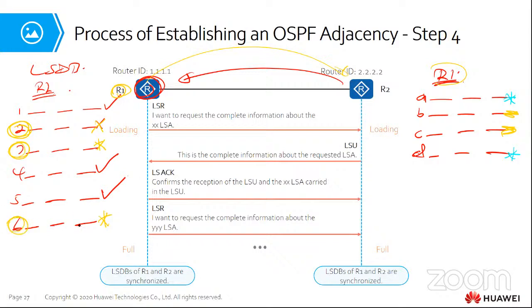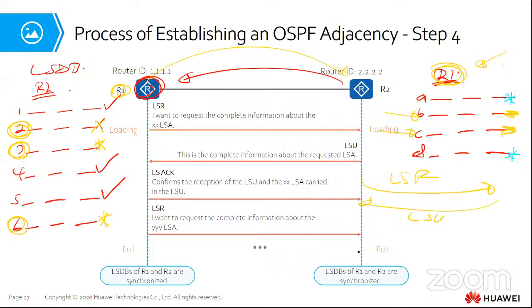It asks that through a link state request. Are we together? Yes. In the same way, router 2 will ask router 1 to send the details of the links it doesn't know about, through a link state request. So we shall send a link state request, and then the router will send back a link state update.